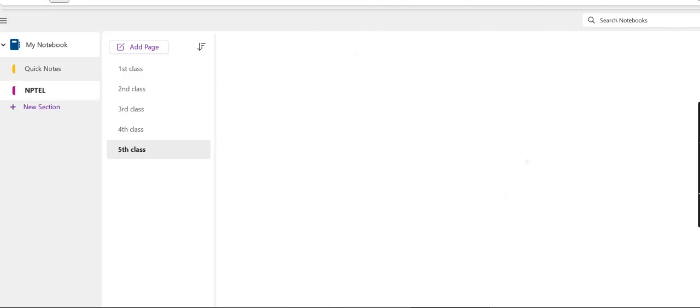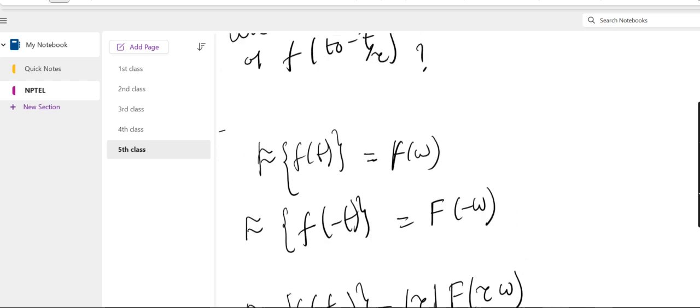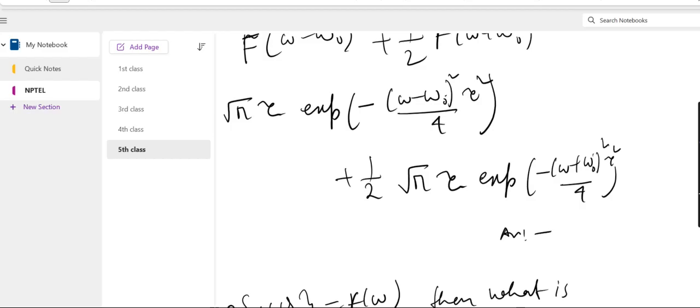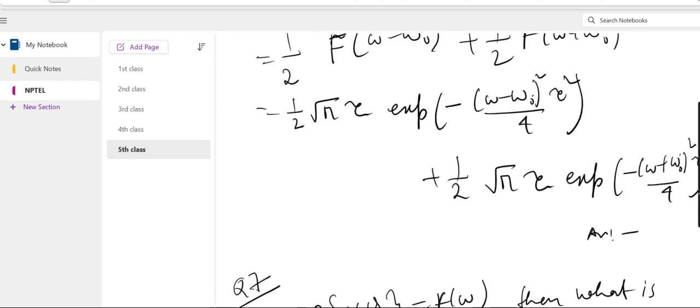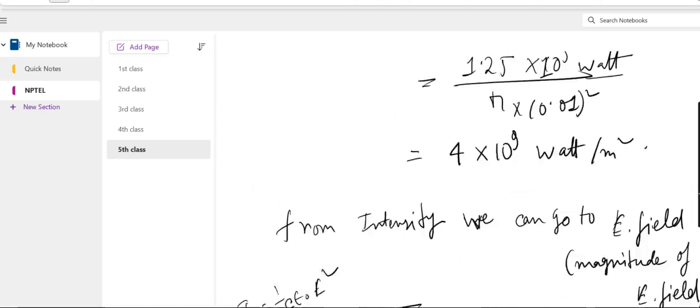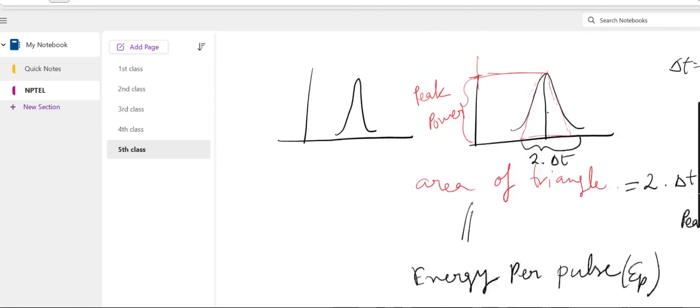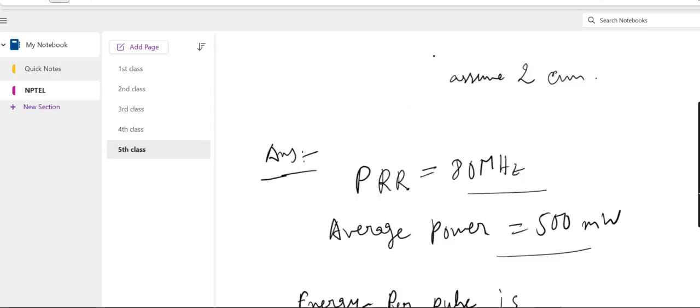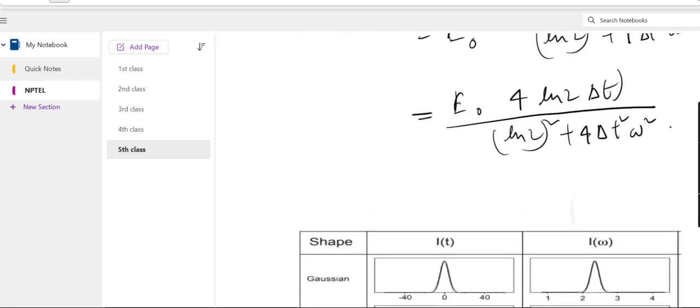So in the last class I discussed some Fourier transform problems, and also how to measure peak power, peak intensity, and from that the electric field.